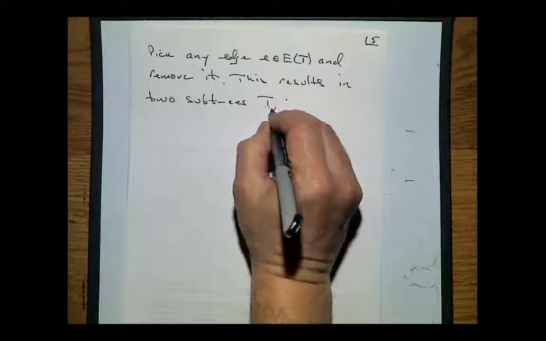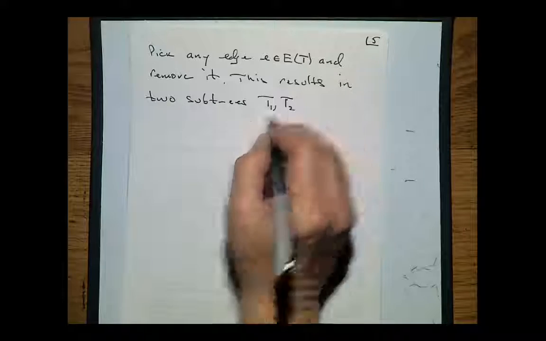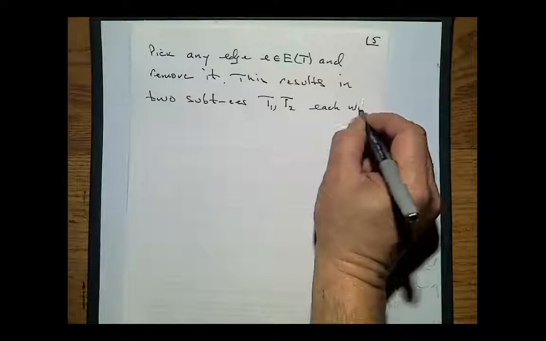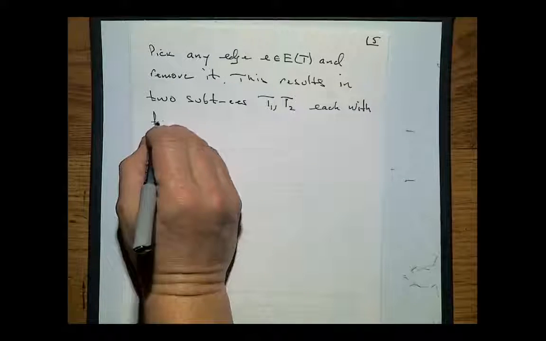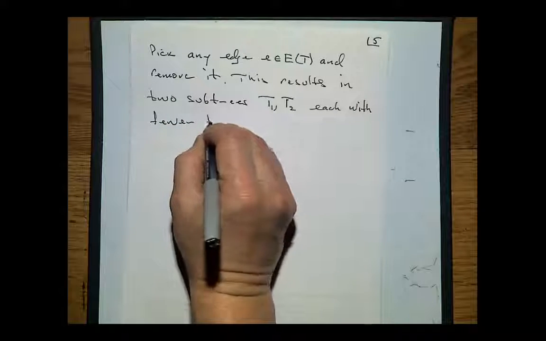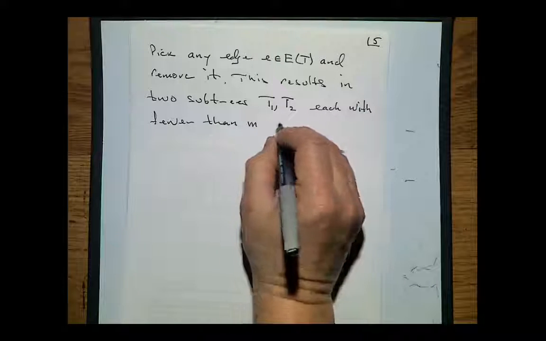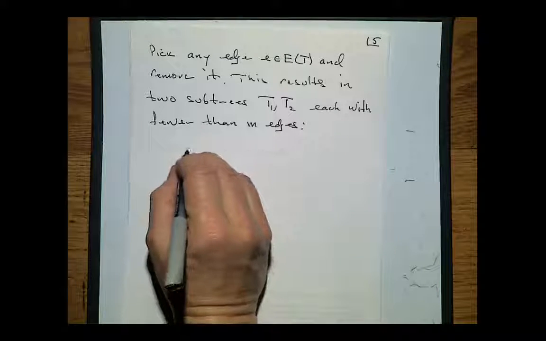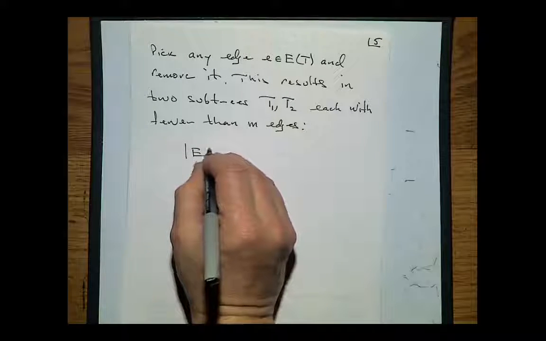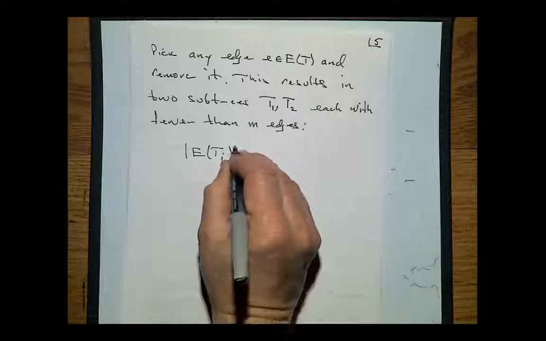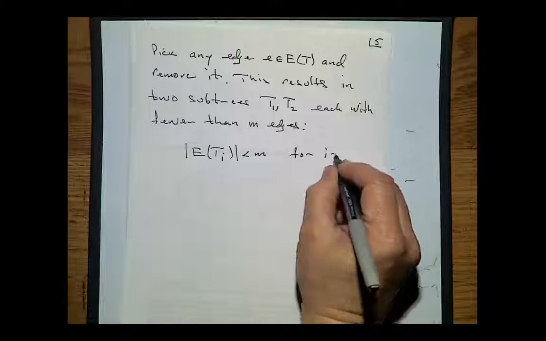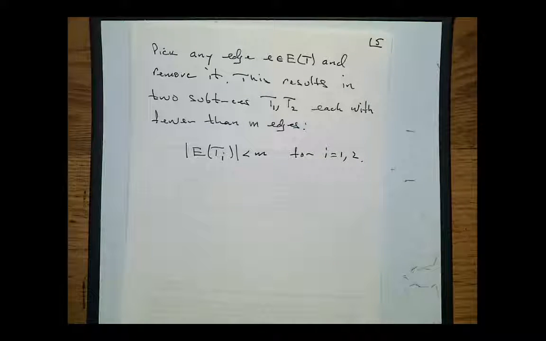Call them T1 and T2, each with fewer than m edges. In other words, number of edges in Ti is less than m for i equals 1, 2. Right? It's my way of saying both those inequalities in one.